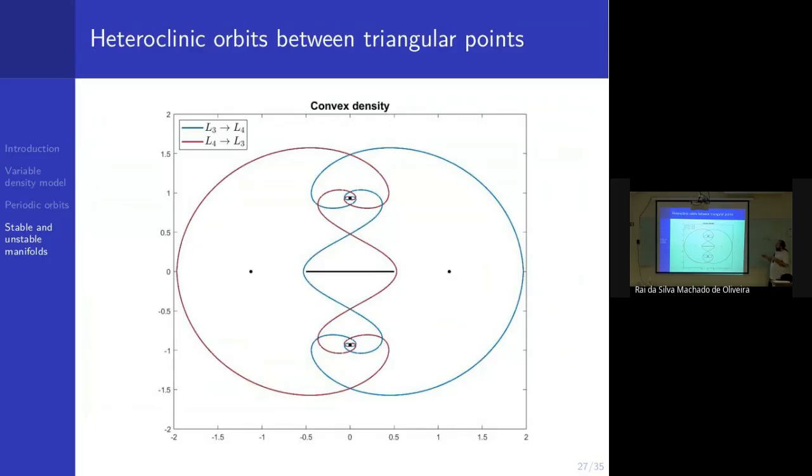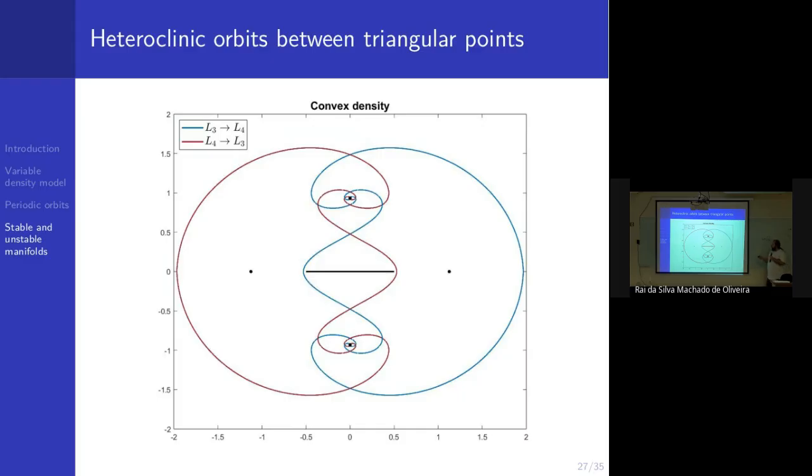So here are some examples of heteroclinic orbits for the convex density model. The blue ones go from L3 to L4. So there are two. This goes from here to here. And the other one goes from here to here. Okay. And the red ones go from L4 to L3.